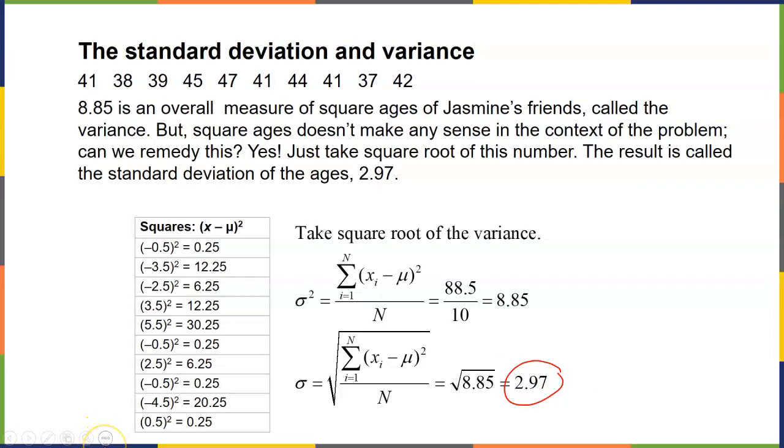And the last step is to take the square root of the variance. So standard deviation in this case turned out to be 2.97.